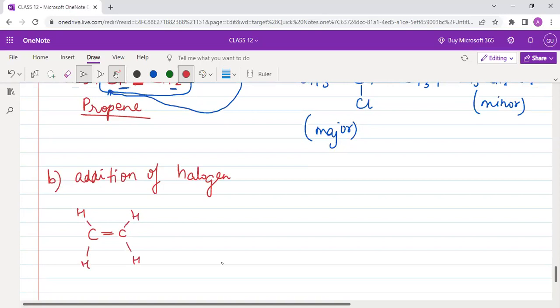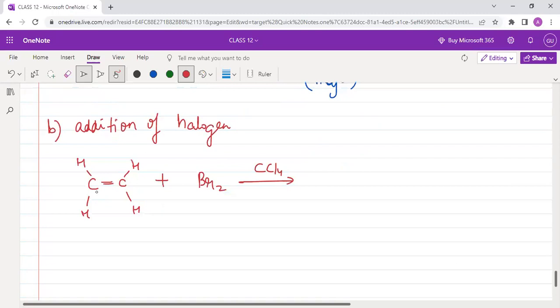So what is the name of this alkene? It is two carbon atoms with a double bond, so it is ethene.